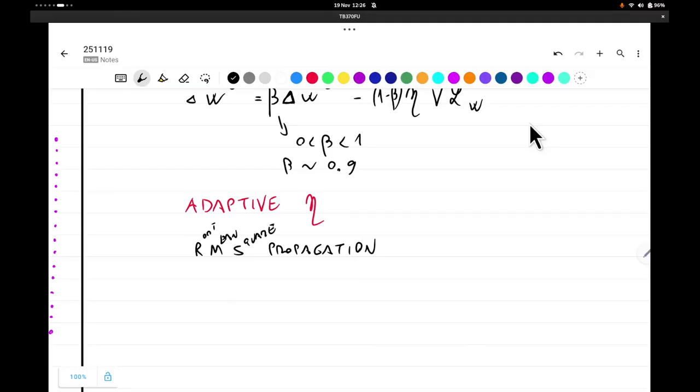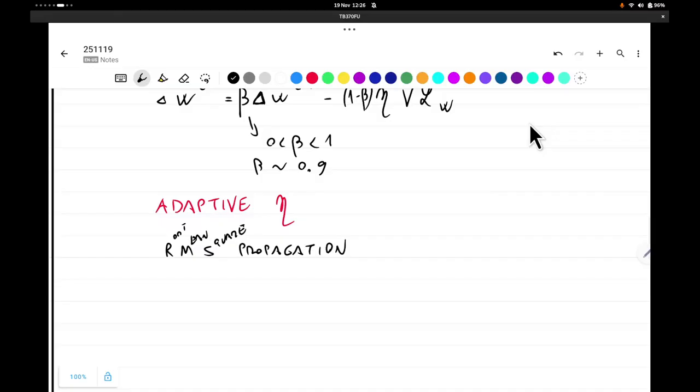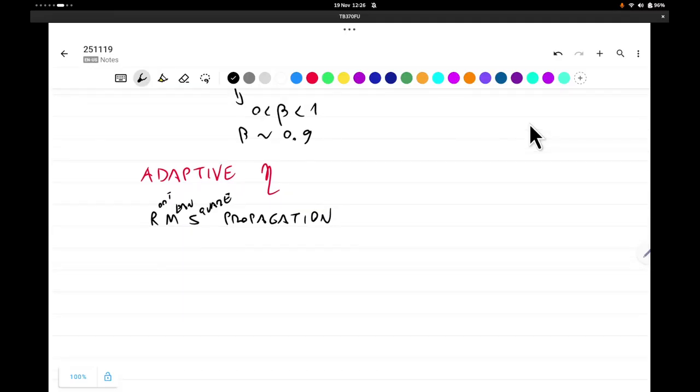The idea is to reinforce the different directions, more shallow, more steep, also in the eta. So we define the expectation value of the gradient squared.